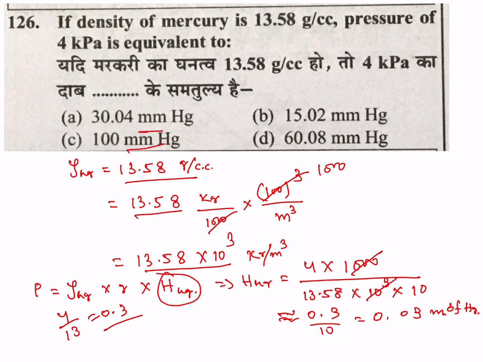Options are in mm of Hg, so again multiply by 10 to the power 3. How much will you get? 30 mm of Hg. From the options, A is your correct answer.